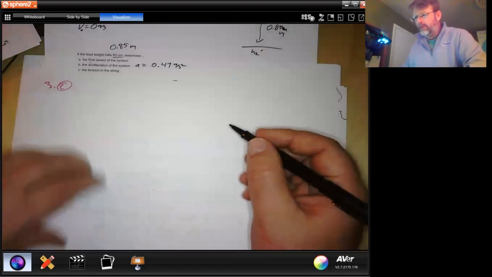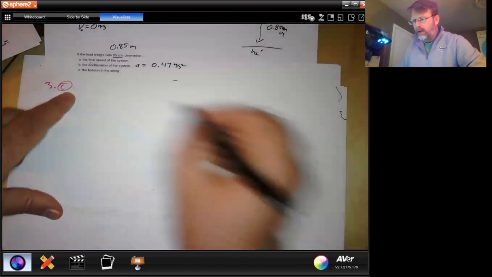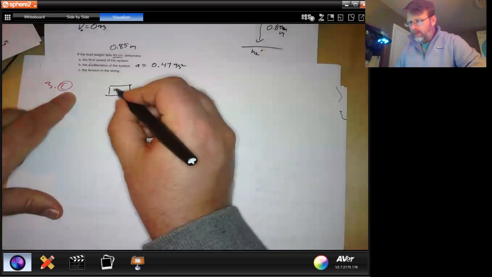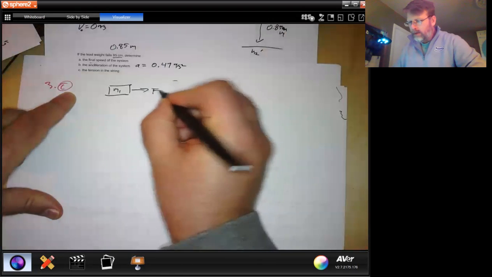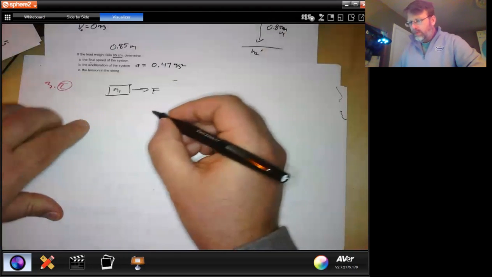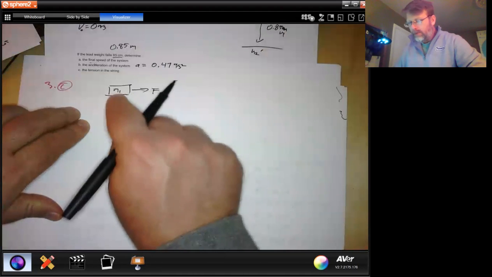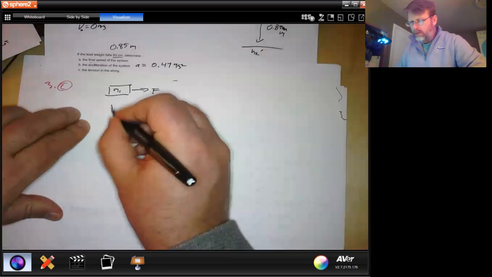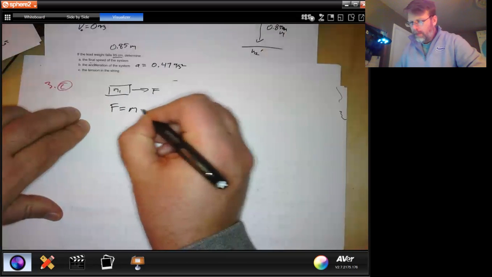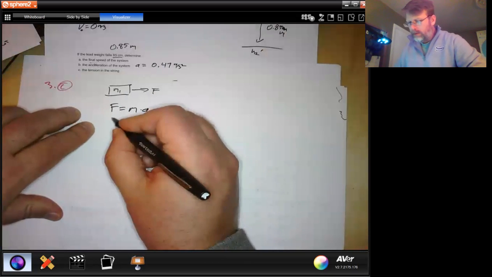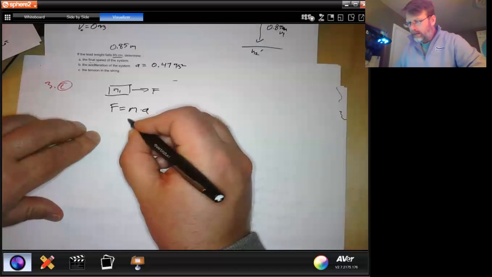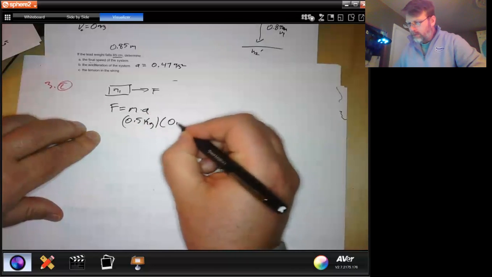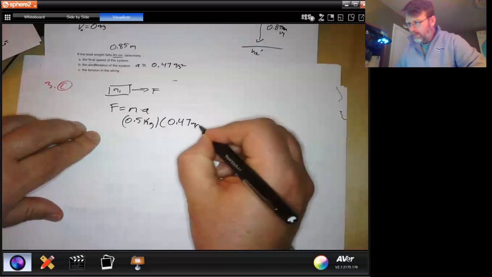Okay, and there's actually a few different ways we can solve this, right? I'm going to jump right to the easiest way. If we look at M1 and look at the F, well, we have mass and we're looking for force. What does Newton say we can do? We can just do the mass, 0.5 kilograms, times 0.47.